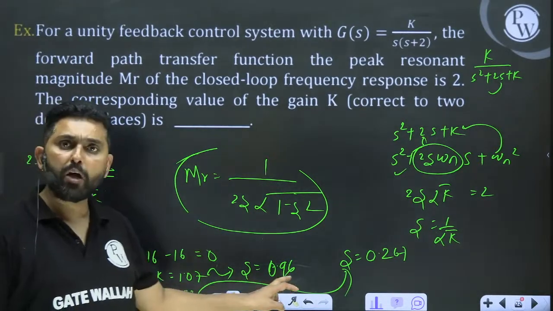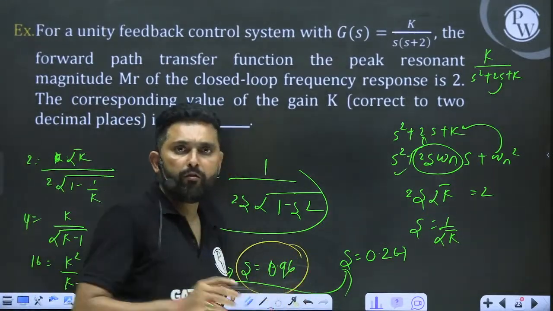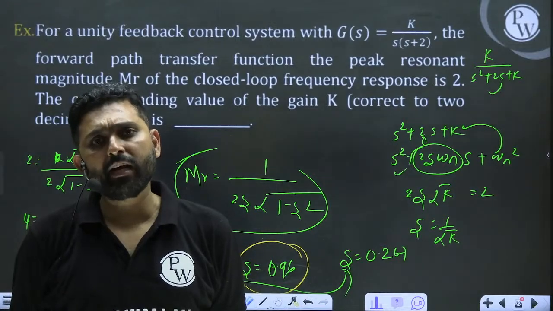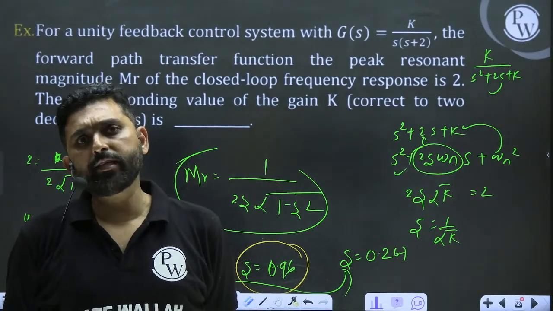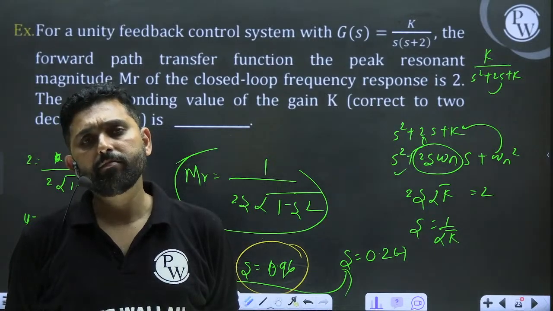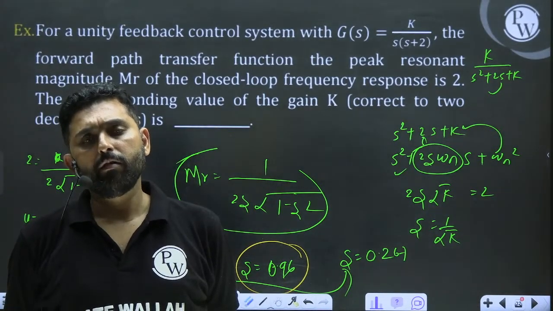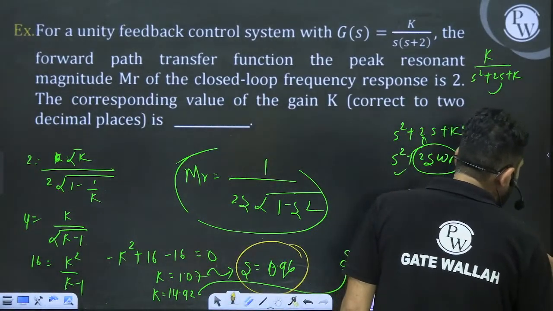Here zeta is coming out to be 0.96. Tell me, for this zeta, will resonance occur? Resonance occurs when zeta is less than 1 by root 2, right?